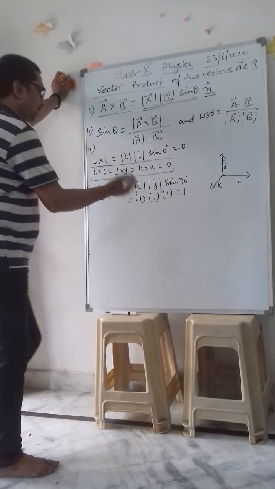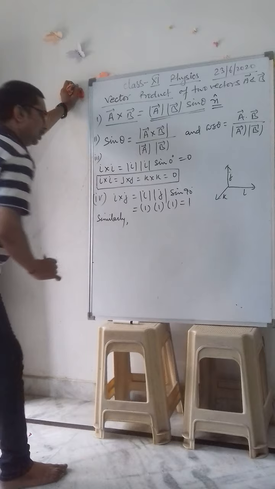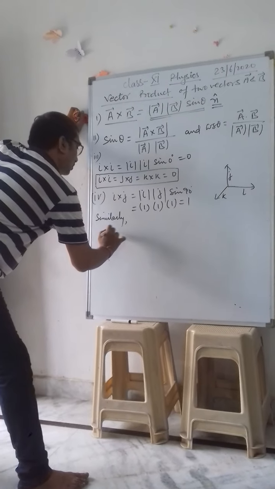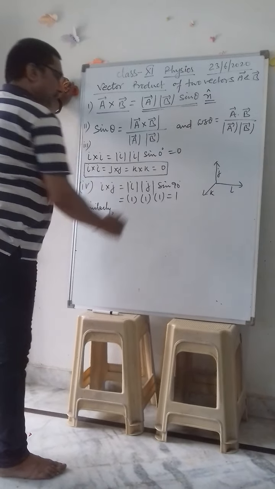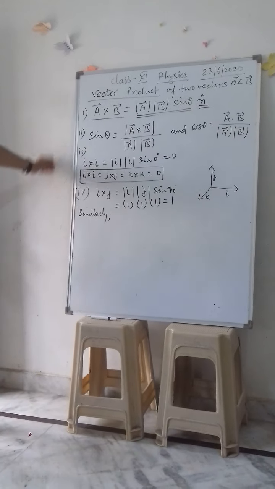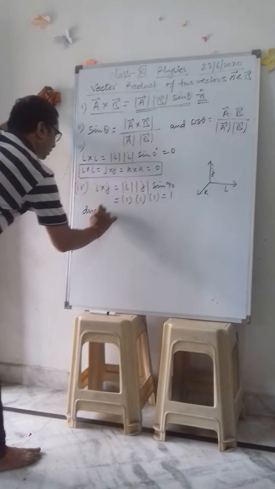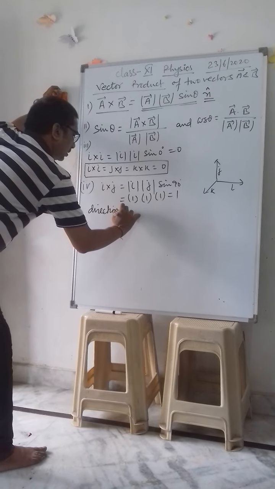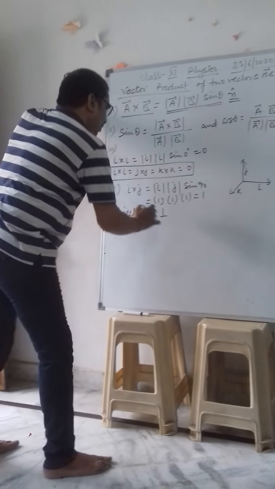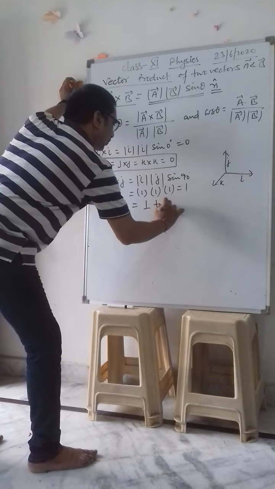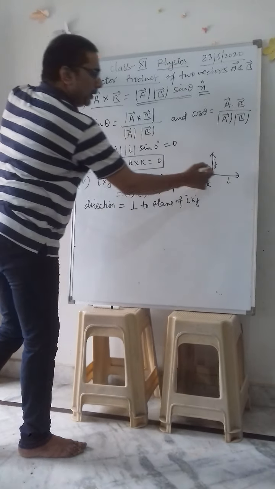Okay. Similarly, we can write I cross J. We can write the magnitude of I cross J equal to 1, but its direction is perpendicular to the plane of I cross J. Here the I cross J plane is this.